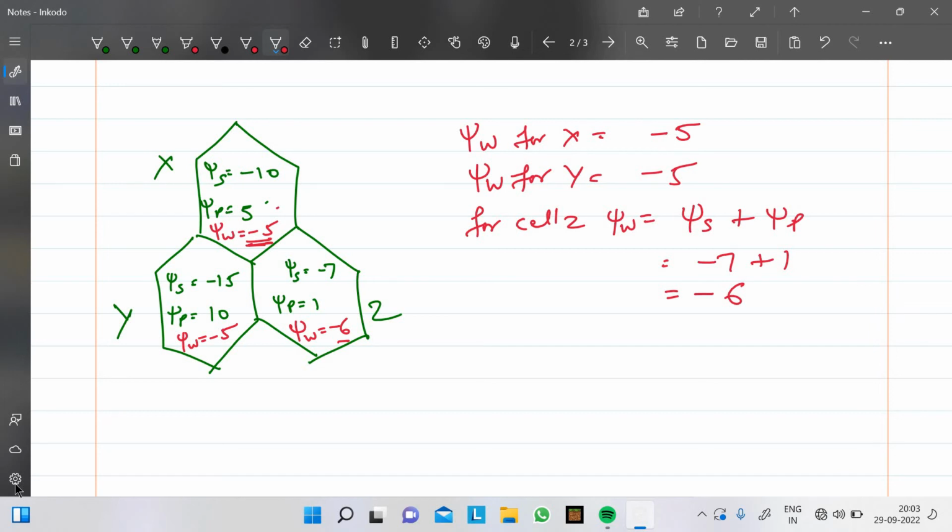So cell X has more water potential than cell Z, and cell X and cell Y both have equal water potential. So what will be the direction of flow?